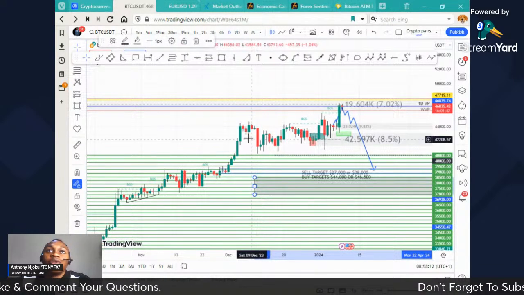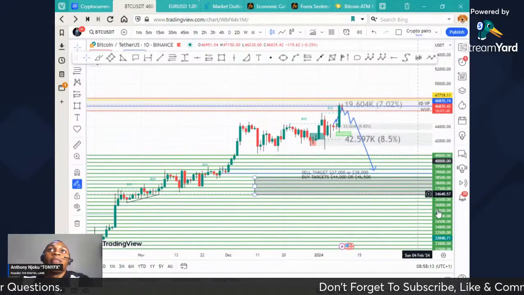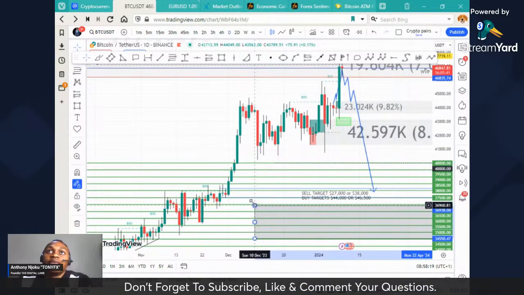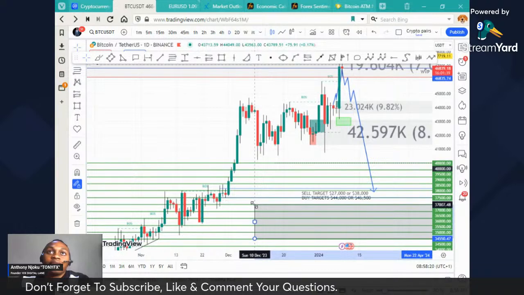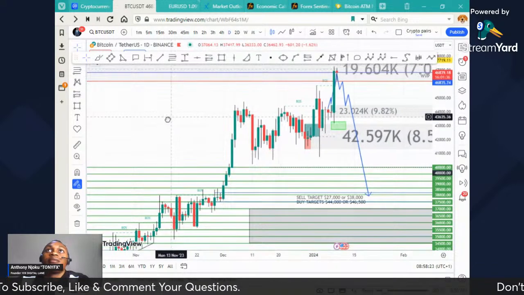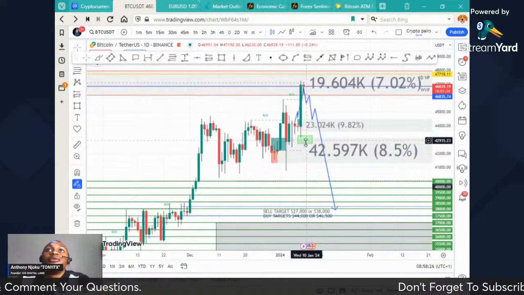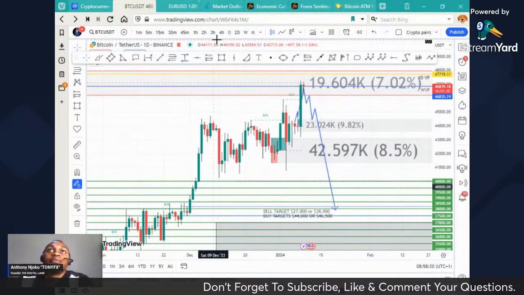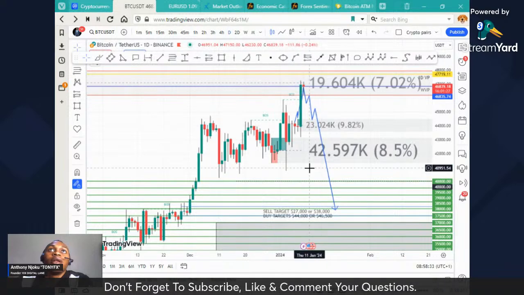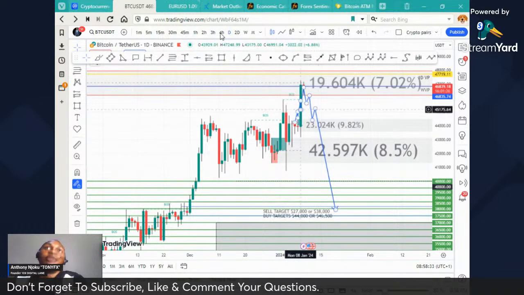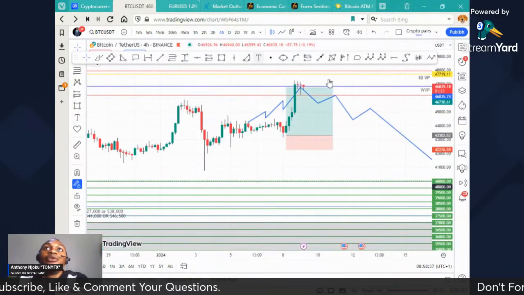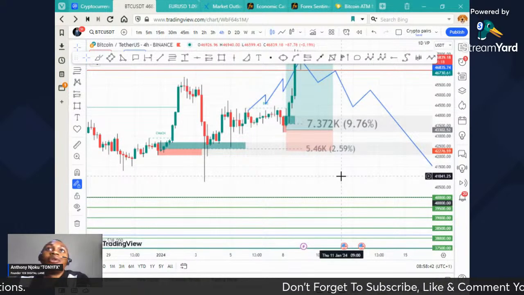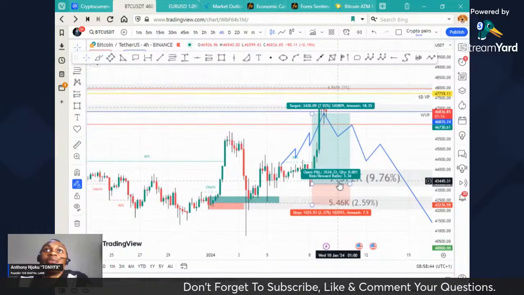Bitcoin works with psychological levels. So mainly, since we have a bias already and we know what the market has intentions to do, let's go down to a smaller time frame to see if we can see another block that can be refined.